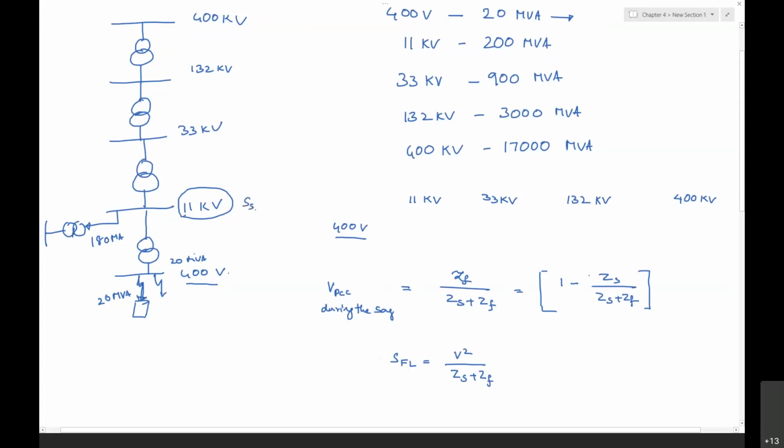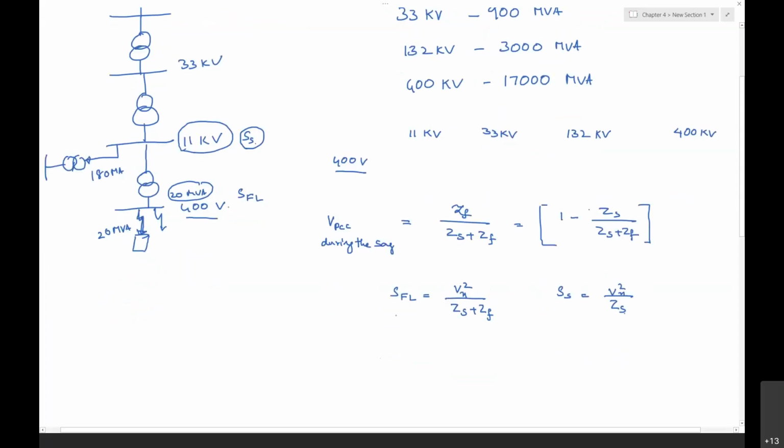The 20 MVA we consider as the fault level MVA, and the 11 kV line as the source MVA. The source MVA is equal to V square by ZS, where V is the nominal voltage. Now you can substitute equation 1 and equation 2 into this particular equation.